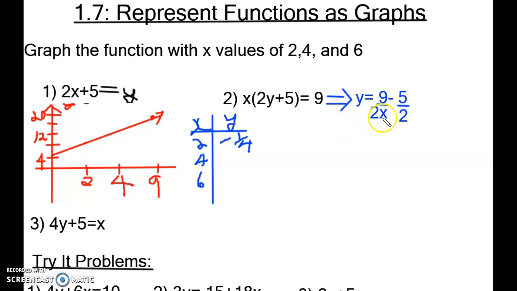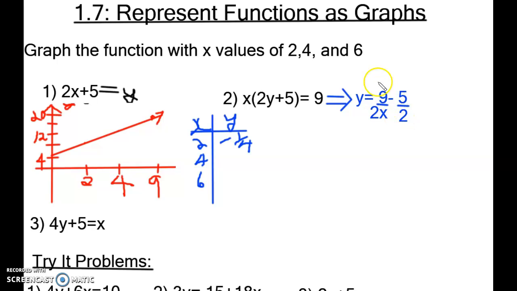When it's 4, 9 over 8 minus 5 over 2. So 9 over 8 minus 5 over 2 would equal, let's see here, you multiply by 4 and then you get 20 over 8.